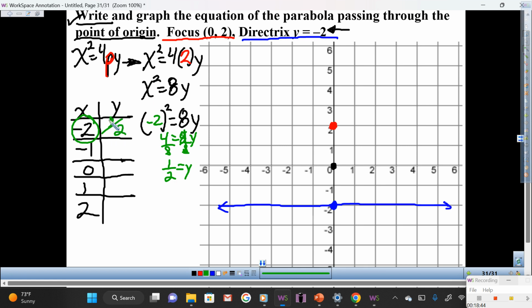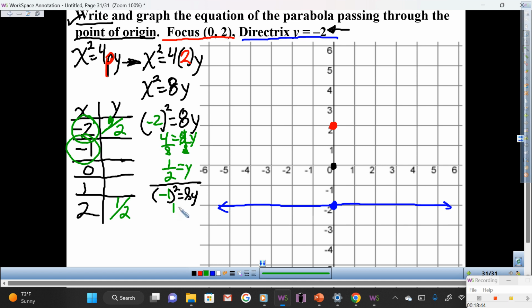Now check this out. What I like about this activity is that the same value goes with positive 2. Why? Because it's a parabola. It's reflecting on one side and the other side. Okay? Well, let's do it again. Parentheses squared equals 8y. Now we're going to substitute what? Negative 1 for x.